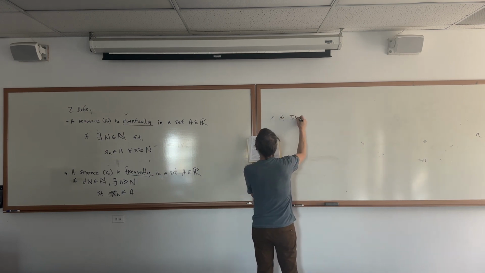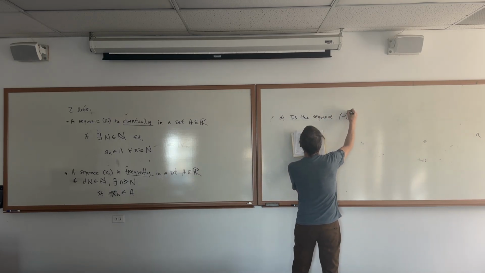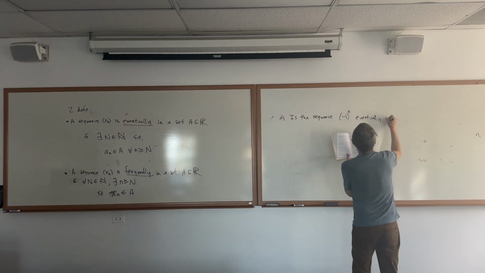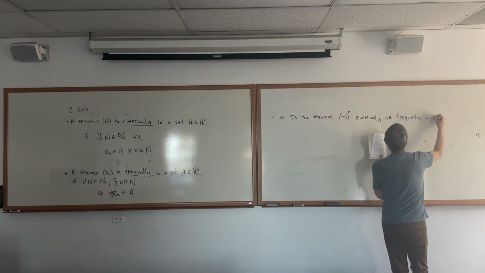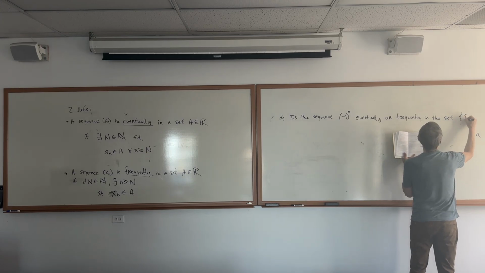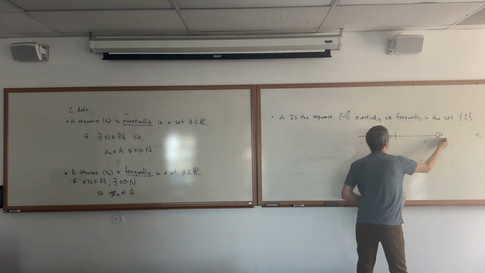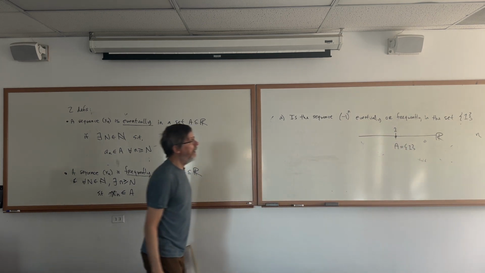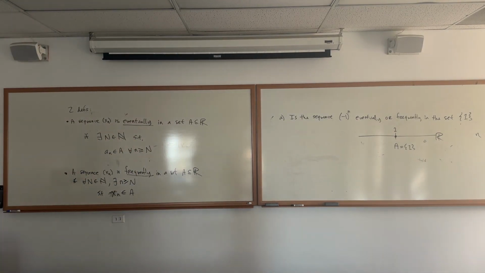One, is the sequence -1 to the n eventually or frequently in the set, and this set only has the number 1 in it. So on the real line, this is my set A, and A is just the number 1. So let's take some time and try to process this. Really stretch our brains a bit.